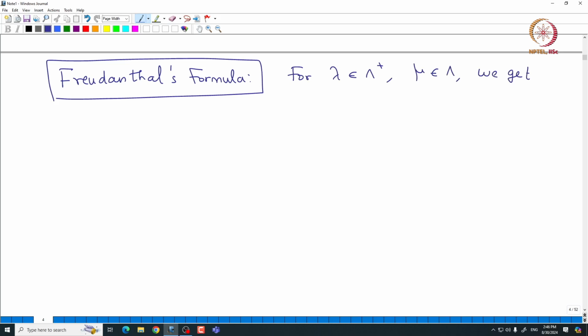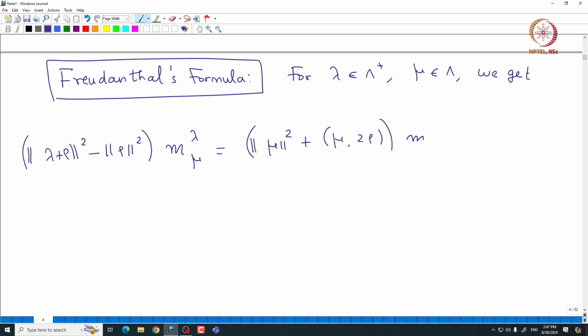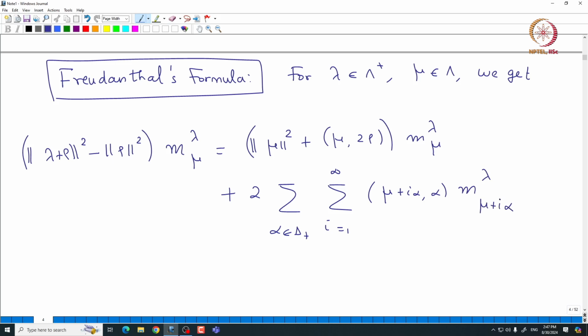Then we have the following formula: norm of lambda plus rho squared minus norm of rho squared, times the multiplicity of mu in V lambda, is equal to norm mu squared plus the inner product of mu with 2 rho, times this multiplicity, plus some term xi, which is given by twice the summation over alpha in delta plus, summation i ranging from 1 to infinity, of the inner product of mu plus i alpha with alpha, times the multiplicity of mu plus i alpha inside V lambda. So, this is what the Freudenthal formula looks like.